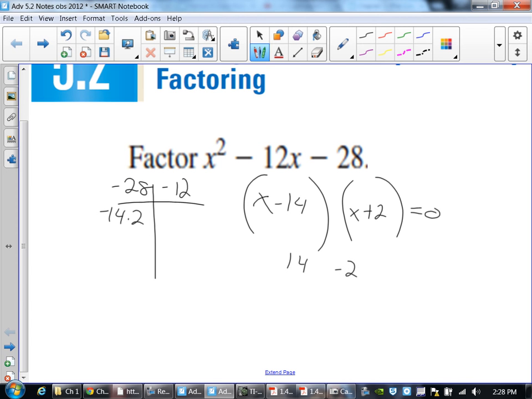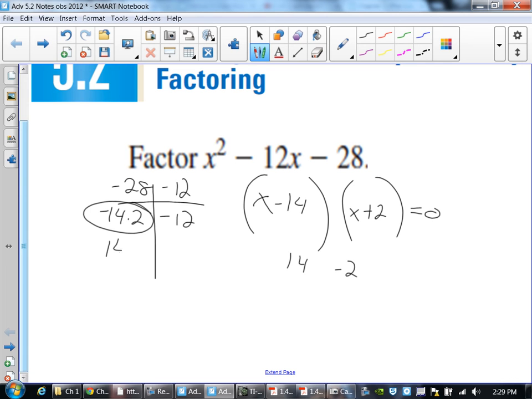Yes, sir? I sort of know how to, but how do you know which one is negative and which is positive? I got x plus 14, x plus 2. What you're doing here is, once you get to the 14 and 2, because that gets you 28, if you have negative 14 and positive 2, you add them together, you get negative 12.